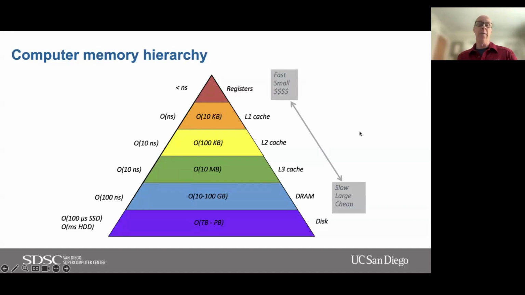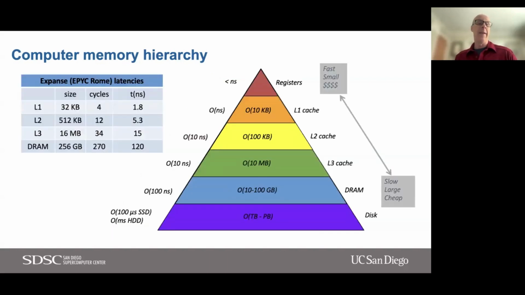L3 cache is on the order of tens of megabytes. And then finally, what most of us would consider to be the bottom of the hierarchy is the DRAM. So those are the memory DIMMs. And there, it takes on the order of hundreds of nanoseconds to access that data. So we could see that we're always better off having data either in the registers or in one of those levels of the cache. Because when we have a cache miss and we have to go all the way out to memory, our processor is going to be sitting idle, waiting for that data to arrive.